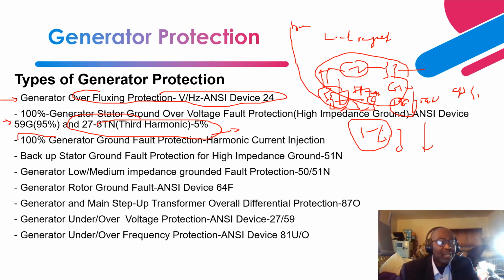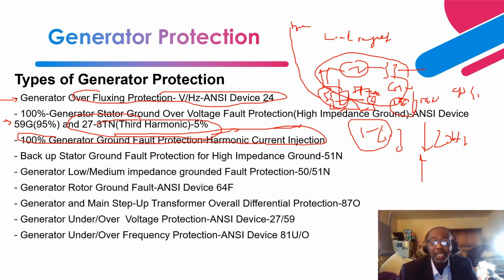Next is another stage of ground fault protection that can be used, but this one provides 100% coverage. Instead of utilizing the 95% 50G, 59G, and the 5% third harmonic undervoltage, you can utilize a complete 100% setup. It utilizes a harmonic current injection at, let's say, 20 hertz, injected from the neutral of the generator.